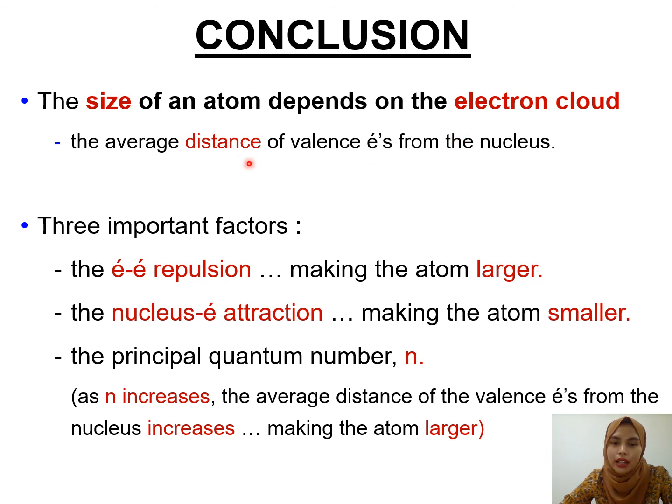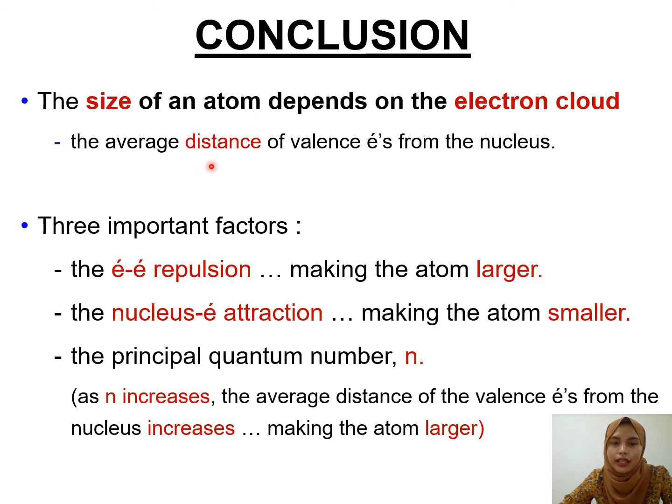So let's say we are talking about the average distance of valence electrons from the nucleus. If the valence electron is far from the nucleus, then the size will be big. If the distance of the valence electron is closer to the nucleus, then the electron cloud shrinks, therefore the size of the atom becomes small.